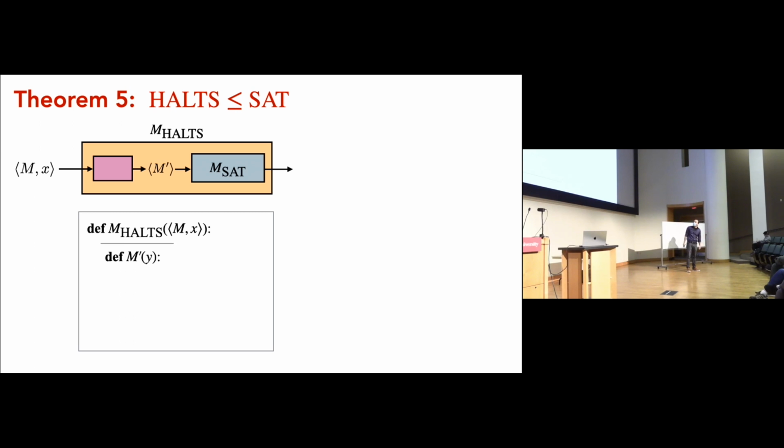So it's like defining a new string within M Halts. Let's call it m prime. Once I define this, of course I have to define what it is, but after I define it, I'm just going to return MSAT of m prime, because this is the picture we have. We're going to directly feed m prime into MSAT, and that's supposed to give me the right answer.